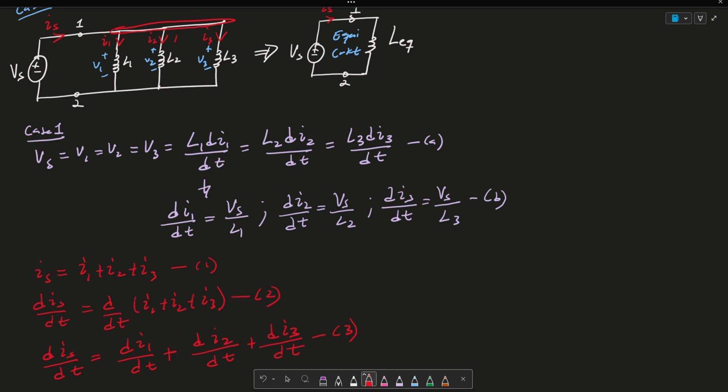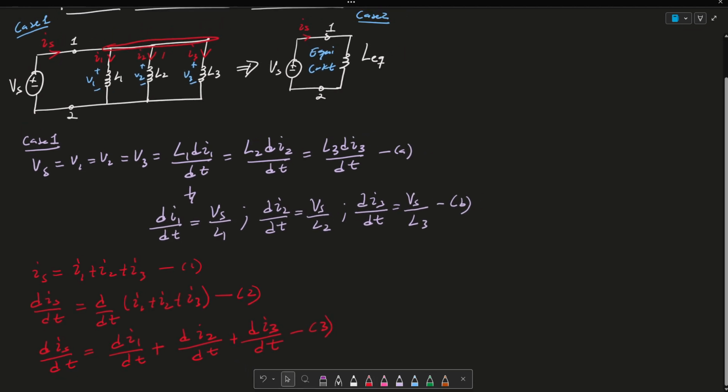Okay, so given all these equations, I want to achieve equivalency, right? So to achieve equivalency, in my case number 2, I could say that Vs is equal to L equivalent dis over dt. I'm just talking about the voltage drop across this equivalent inductor. All right.